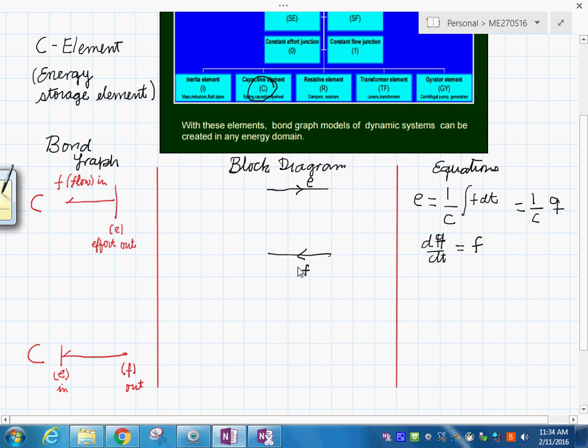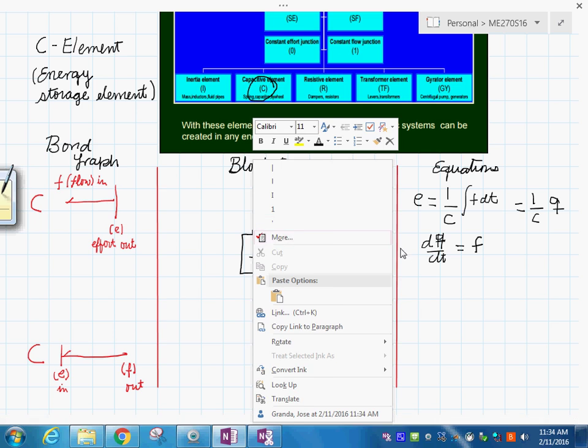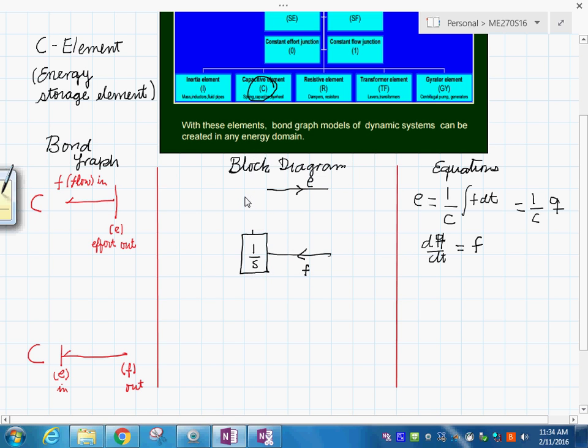We will have to integrate once by using 1 over s, and then it goes the opposite here, multiply by 1 over C. So this block diagram corresponds to this equation right here.